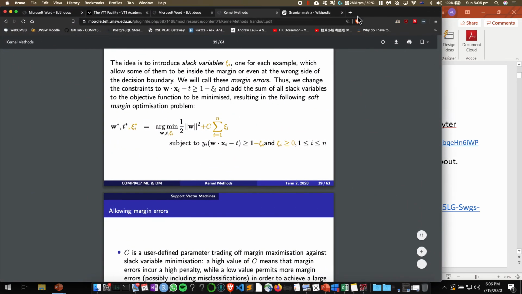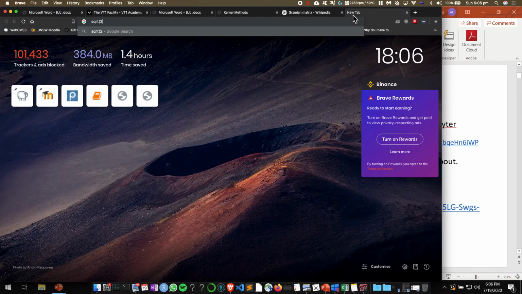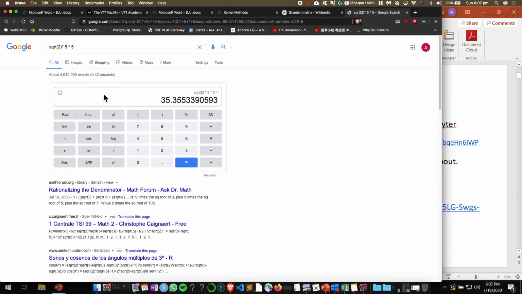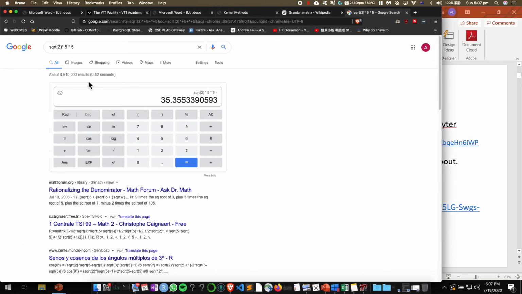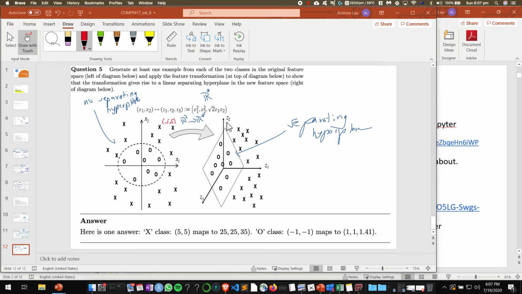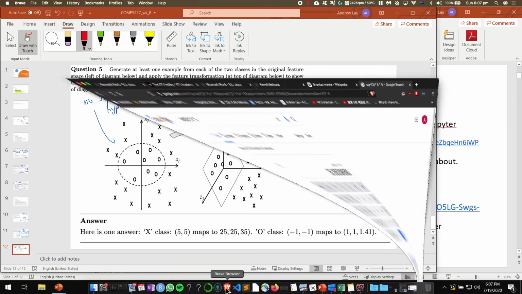That's odd. I feel like this should be 35.35. So 5, 5 using this mapping here, so 25, 25, and then square root 2 times 25.